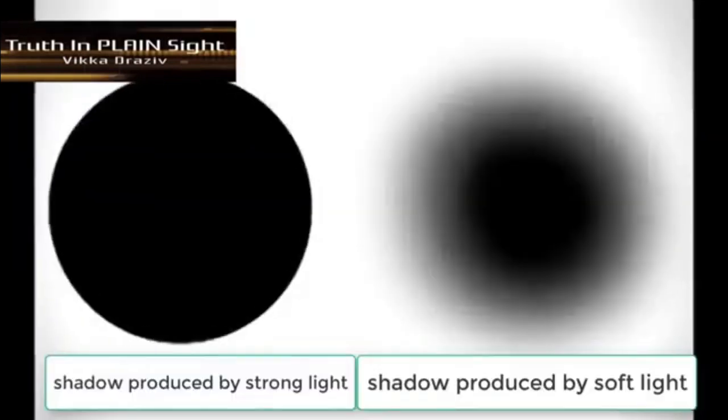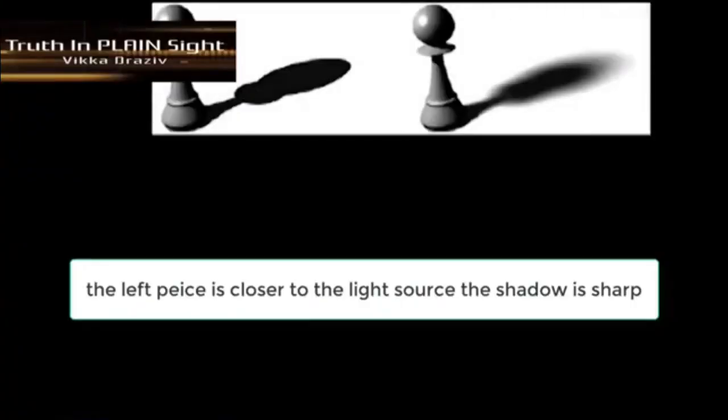The shadow diffusion factor. In a sphere the shadow is more diffuse around the edge. It is sharper or more defined in the protruding portion of the sphere. This is because the closer the shadow is to the light source, the more defined its edges will be.